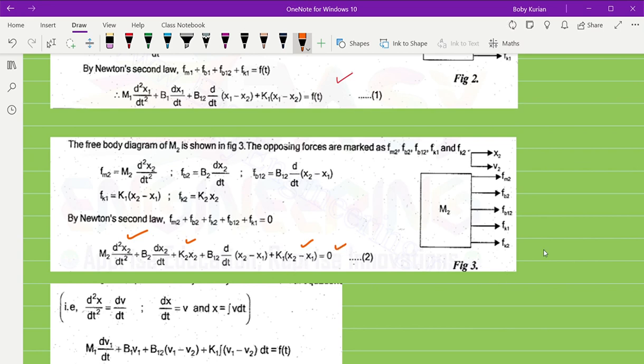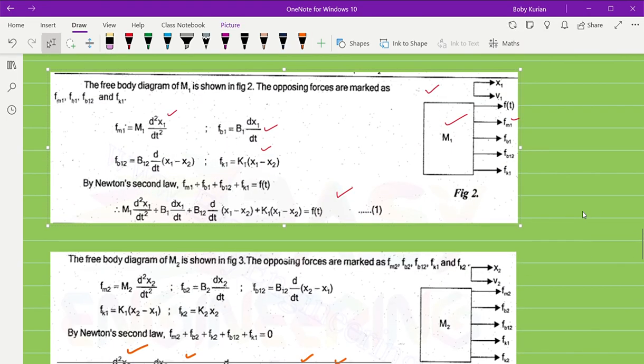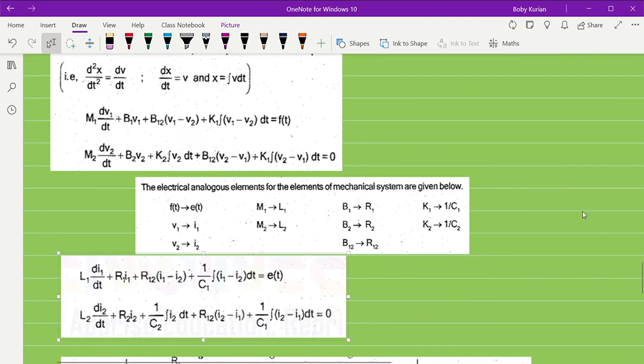Now for the force-voltage analogy, we have to do some arrangements here. What are they? First of all, we know that d square x by dt square equals dv by dt, dx by dt will be equal to v, and x is equal to the integral of v dt.